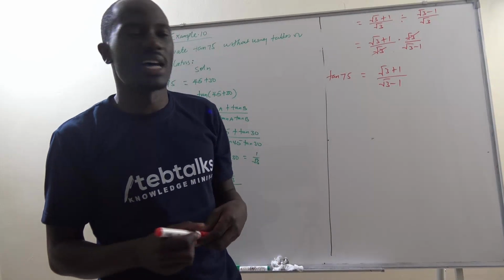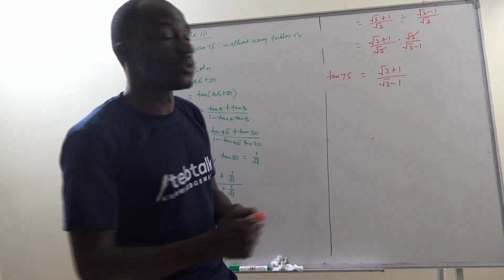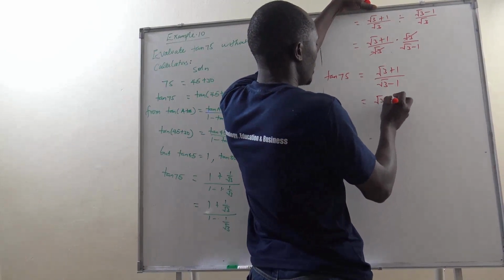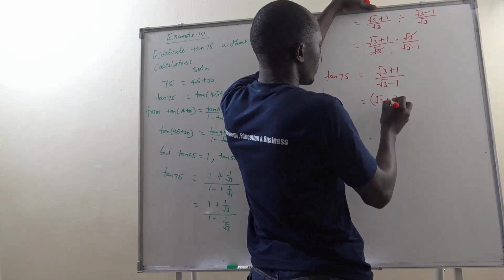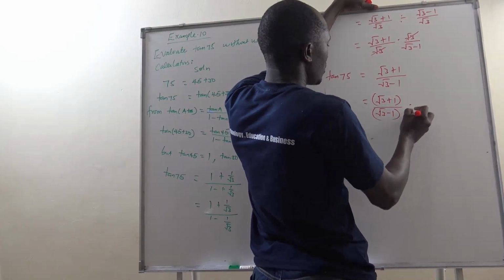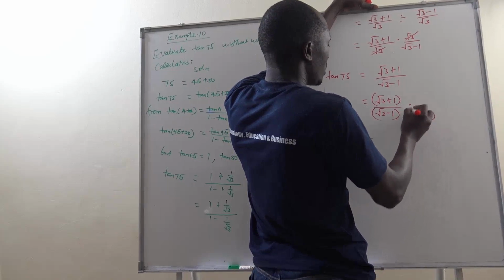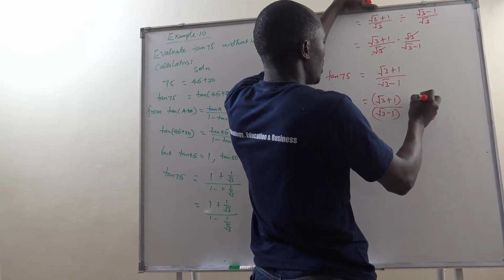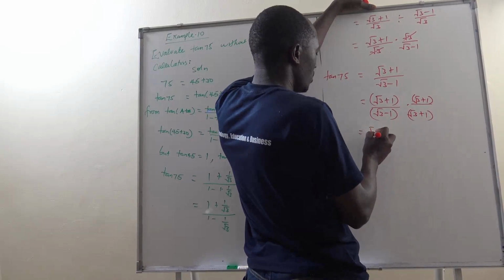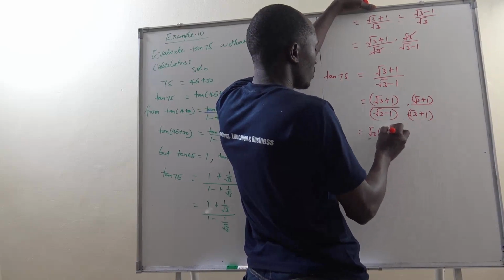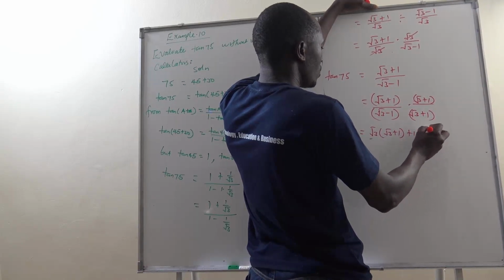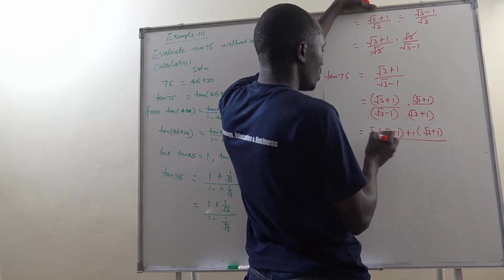What do we do with that? We rationalize as usual. We take the conjugate. This becomes root 3 plus 1 over root 3 minus 1 times root 3 plus 1. We're taking the conjugate, root 3 plus 1, which becomes root 3 into root 3 plus 1, then plus 1 into root 3 plus 1, all over.